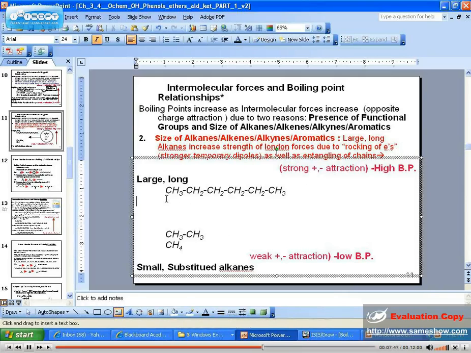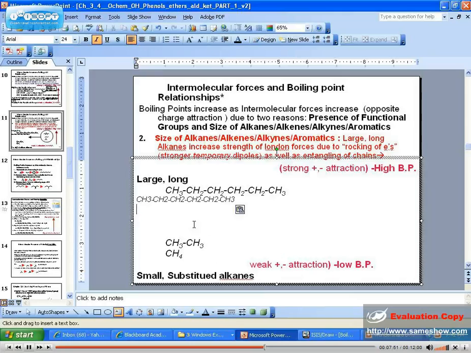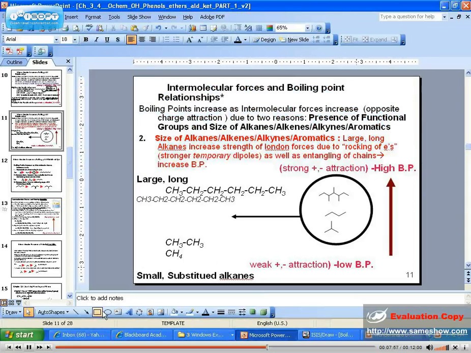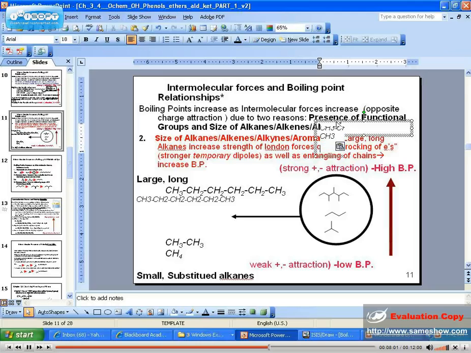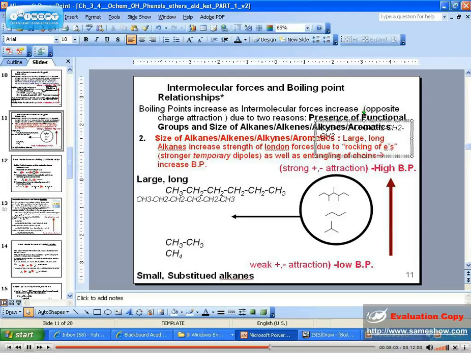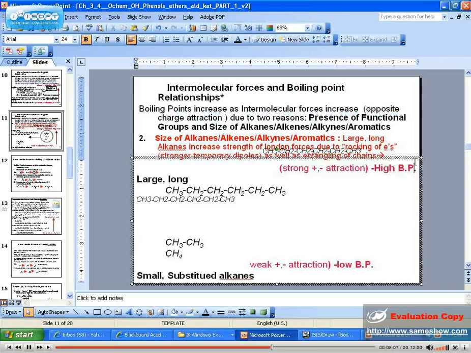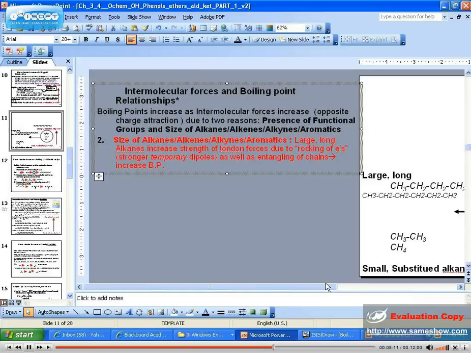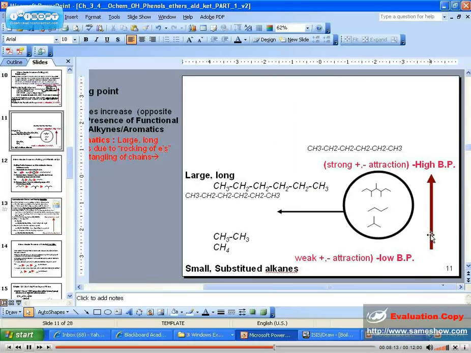I want a nice example, but it's not working right. Aha! I finally got it. So let me move all this stuff away to the side. I'll repair it later. There we go.